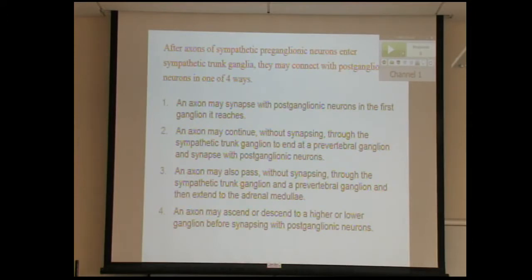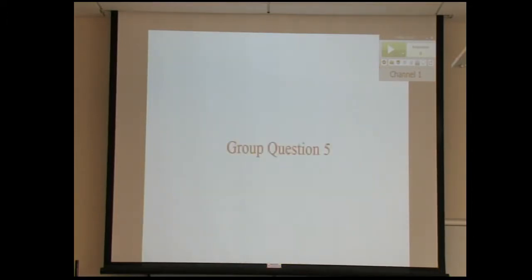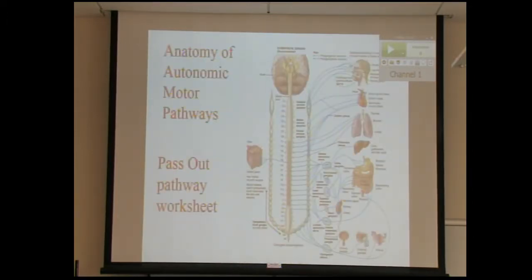We also have an axon may continue without synapsing through the trunk to end at a prevertebral ganglion. So is there anything on here where it goes through the trunk without making a synapse?